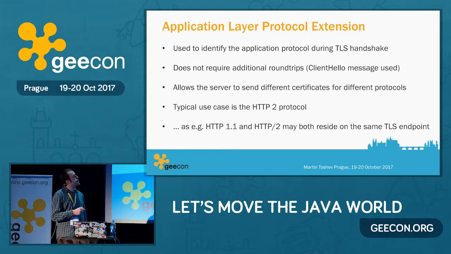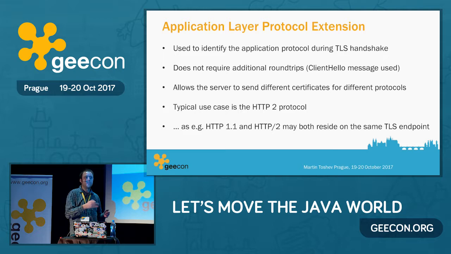It also doesn't require additional network round trips in the TLS handshake. It uses the initial client hello message that is sent to the server. And the client basically says to the server, hey, this is the number of application protocols that I support. You can choose one of them. This also allows the server to send different public certificates to the client based on the application protocol that's negotiated with the client.